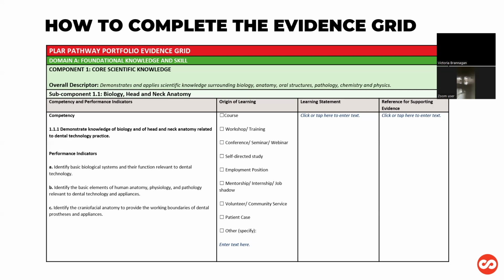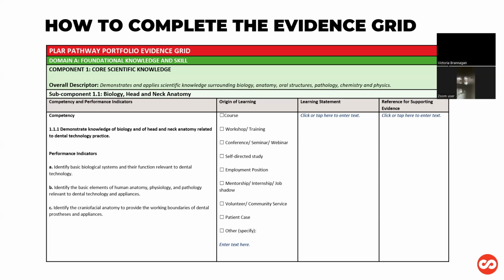Now let's look at the columns dedicated to this: how, what, where, and to what extent. So the origin of learning, which is the column you see right after the competency and the performance indicator, is directly related to the evidence that you intend to submit. For example, if you select conference, the evaluator will expect to see evidence related to the conference.